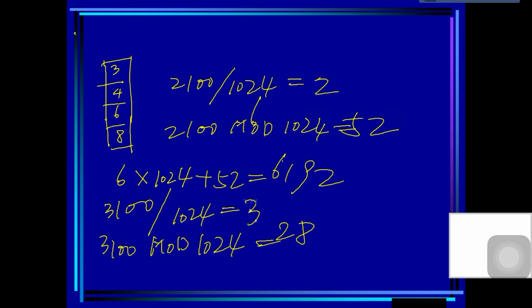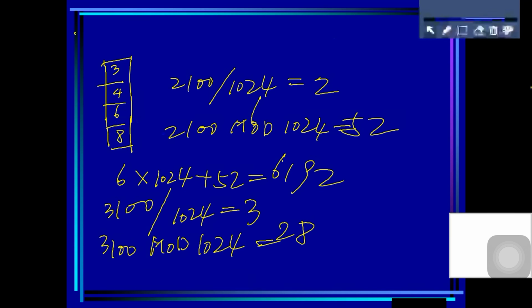We use this page number to search the page table, and we get 8. You must remember that the index of the first item is 0, so this is 0, 1, 2, 3. And we get 8. That means logical page 3 is loaded into physical frame 8.